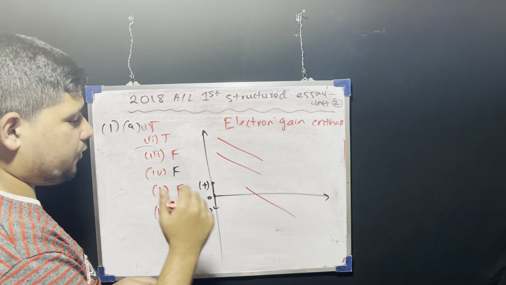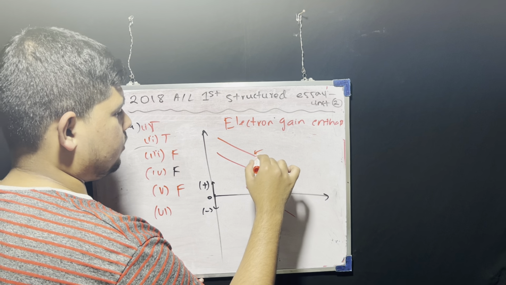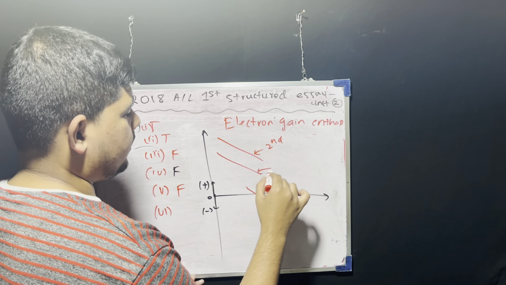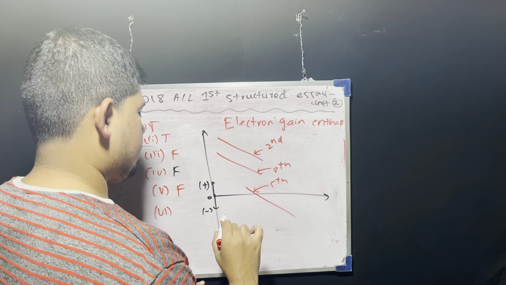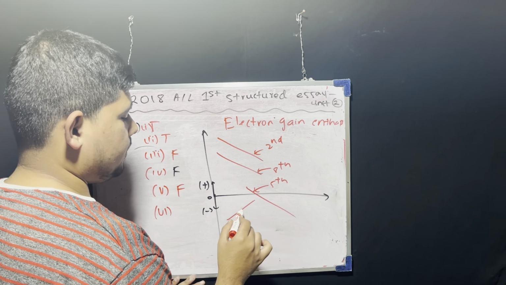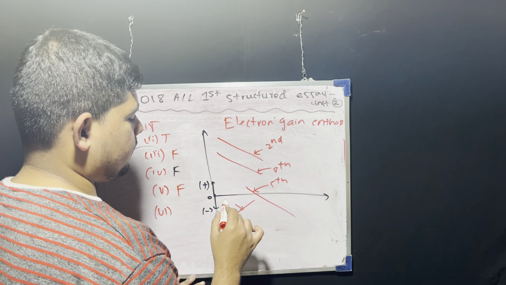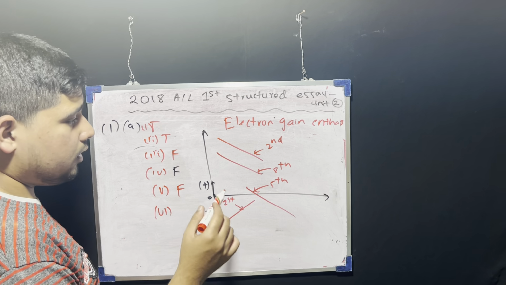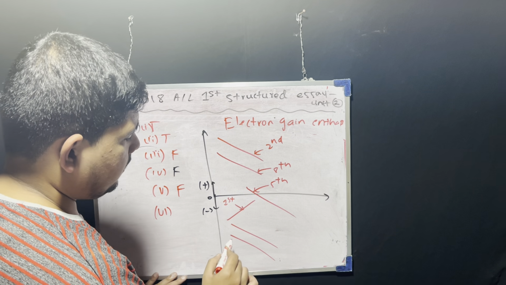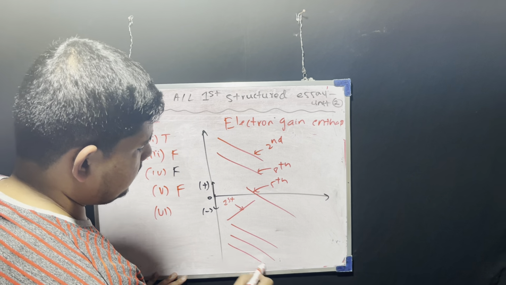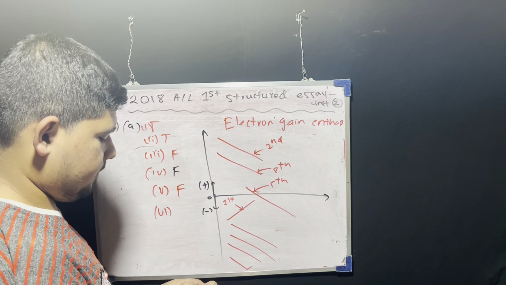Now let me draw the graph for you. Now this is the second group, this is for the 8th group, and this is for the 5th group. This is for the first group. First, second is marked, third, fourth, fifth is marked, sixth, seventh is like this.